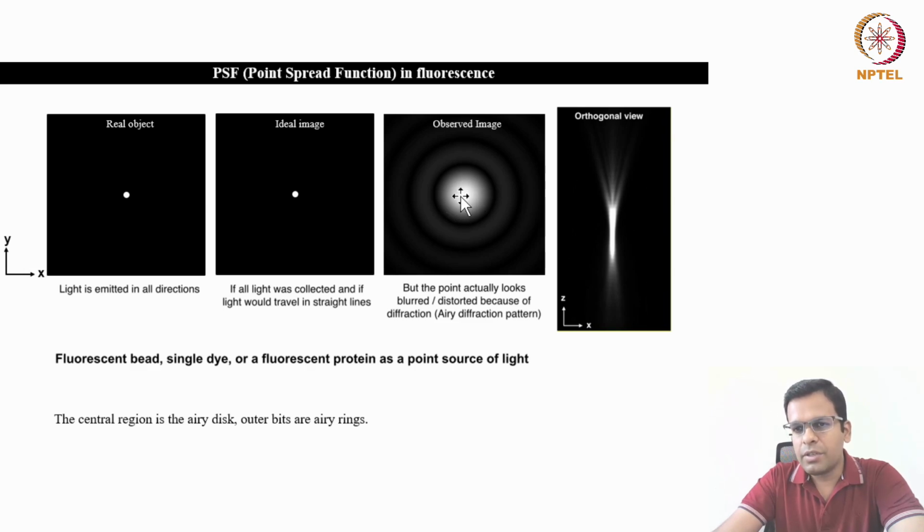This is the 0th order wave, this is the first order diffraction light, and maybe the second order diffraction light. In the orthogonal view, it again will not show a point-like source but this kind of image. This is known as the point spread function of the point source of light.